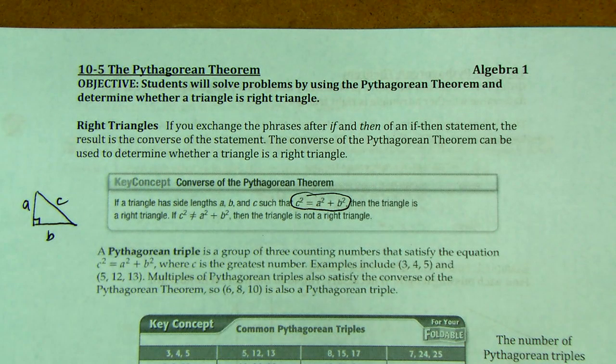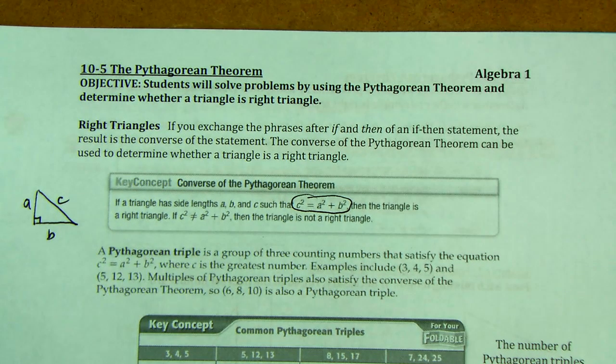Now, specifically, a Pythagorean triple is when the three numbers not only fulfill a squared plus b squared equals c squared, but also the three numbers are integers. That doesn't happen very often. Here are your most common triples, the 3, 4, 5 triangle. Some of you might remember that.